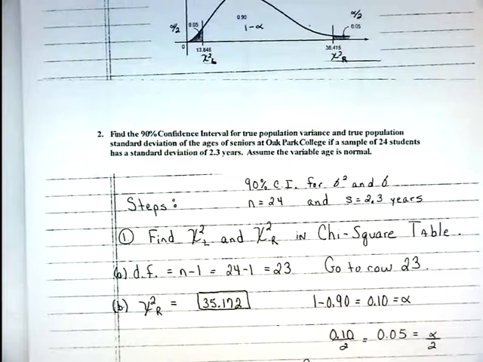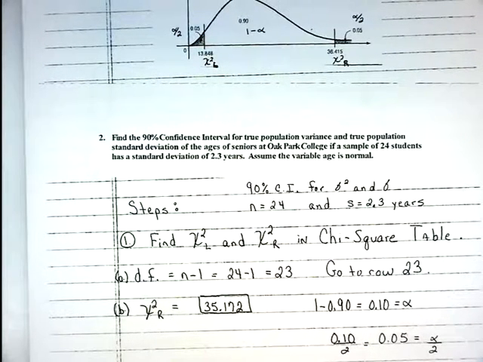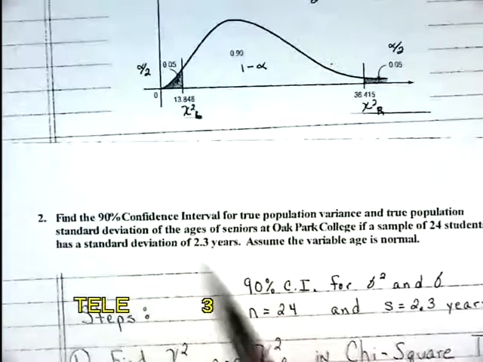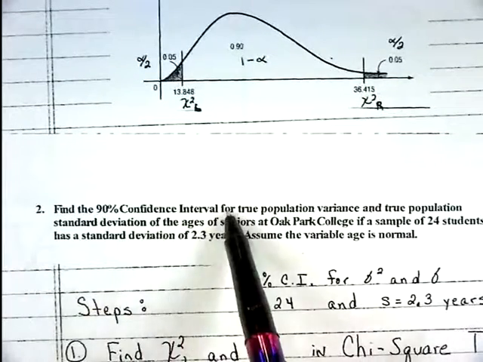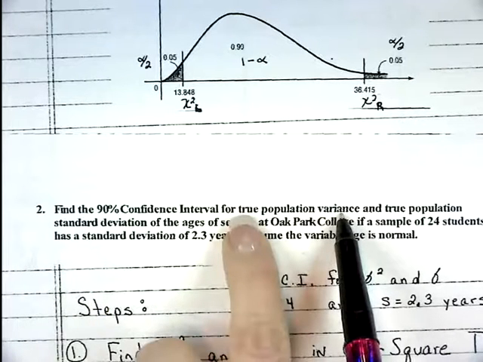It says, find the 90% confidence interval for true population variance and true population standard deviation of the ages of seniors at Oak Park College if a sample of 24 students has a standard deviation of 2.3. Notice how it says find the 90% confidence interval for true population variance. It did not say true mean or true population proportion.